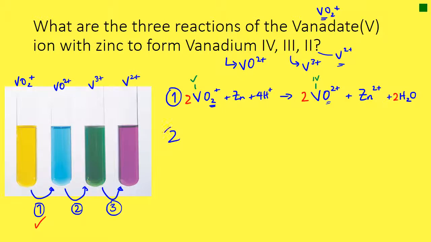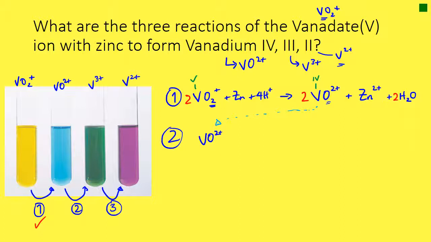So next, let's have a look at going from our blue solution of VO2 plus, in which the vanadium has a 4 plus oxidation number, to our green solution, in which our vanadium is 3 plus. So we've got our VO2 plus, which we can, let's just draw a little light blue line from here to here.